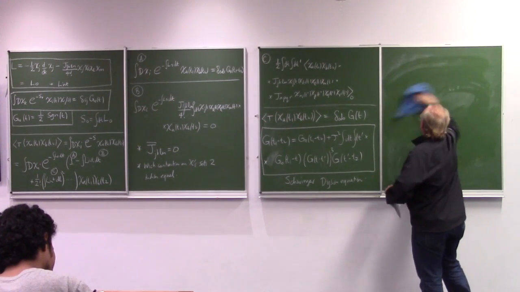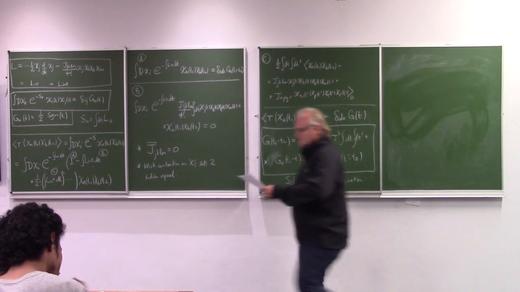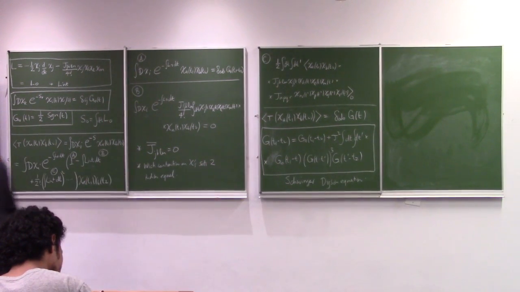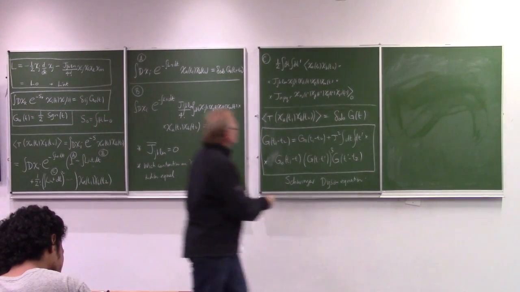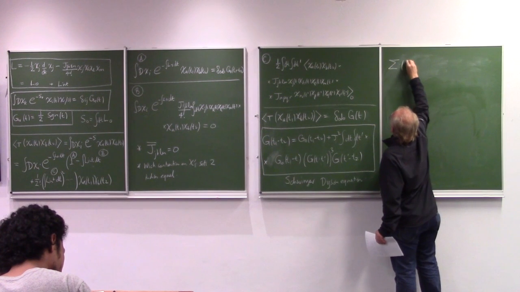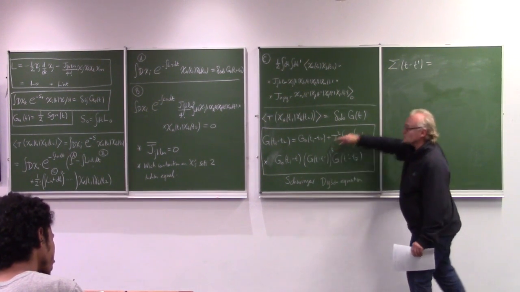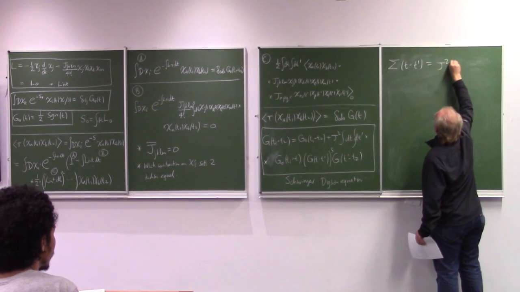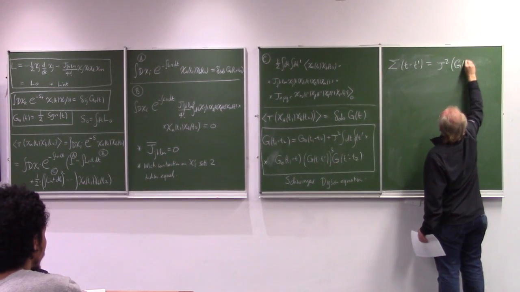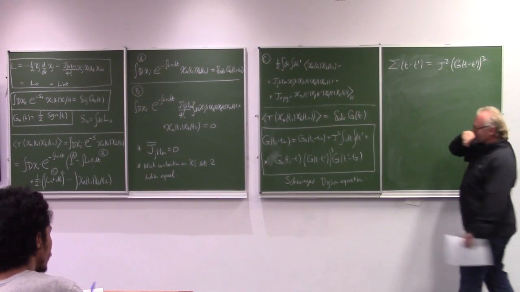First of all, this equation is a little busy, so I'm going to introduce a little bit more notation. I'm going to introduce sigma of t minus t prime, and this is equal to j squared times G of t minus t prime cubed. Okay?